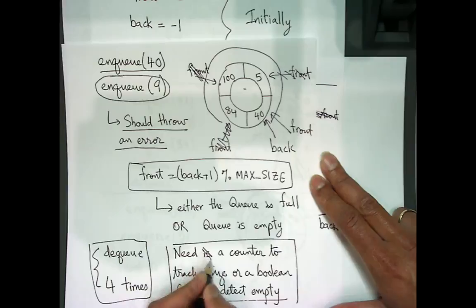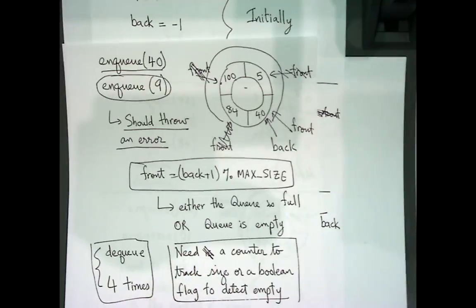This makes sense? There are other ways to sort of get around this, but sometimes you actually make the max size. You can keep a dummy element to sort of take care of this, but this is the most common solution. And keeping track of the size is really easy. Every time there's an NQ or DQ, you just increment or decrement.